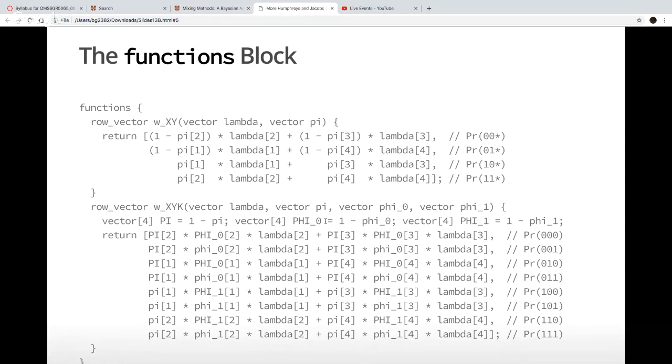Just because you can write down the numerator of Bayes' rule does not mean it's necessarily going to be possible for Stan to draw from that posterior distribution correctly. Now, this semester we've overwhelmingly seen examples where Stan can do just fine. Maybe you have to increase adapt delta or something like that in order to get warnings about divergent transitions to go away. But we haven't seen any situations in which Stan just failed.